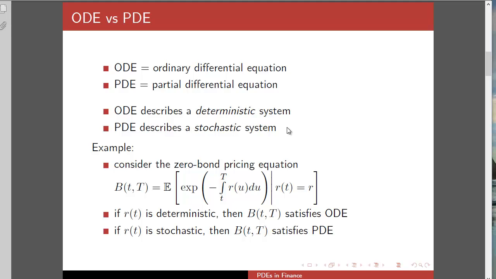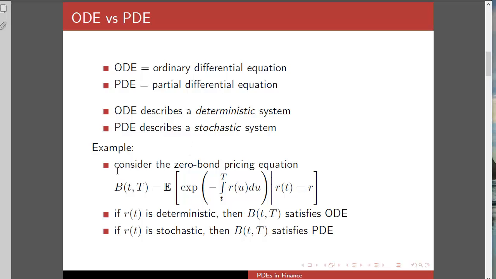Well, what do we mean by deterministic or stochastic system? Well, deterministic system is a system where you have no randomness, while a stochastic system is a system where you have any sort of random process involved, right? So that's the key difference.